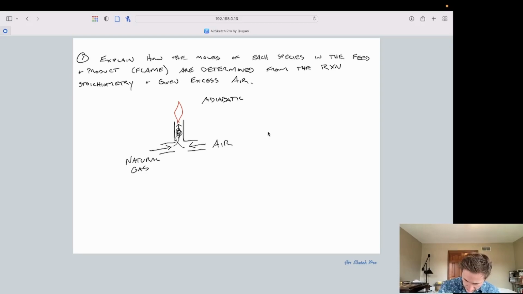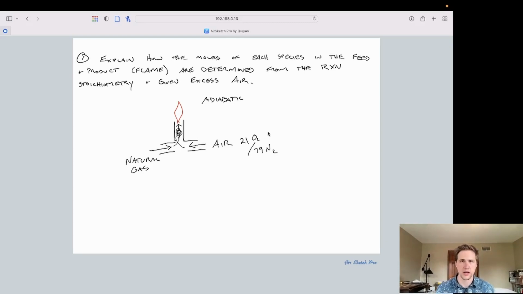Well, for air, there's roughly a 21% mole ratio. It's more like 78% nitrogen, 21% oxygen, and 1% argon. But for this case, we're just going to write 21% for oxygen and 79% for nitrogen.